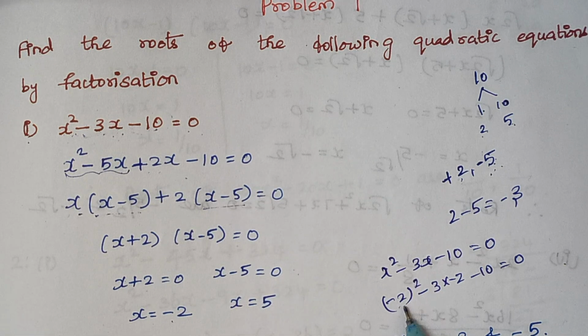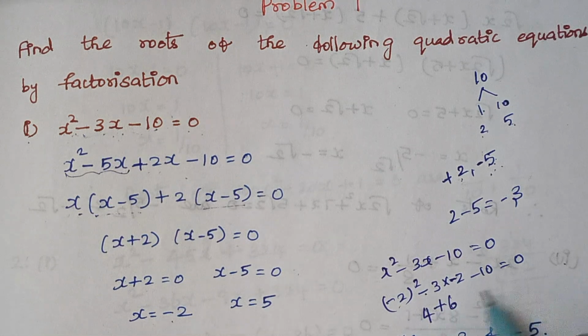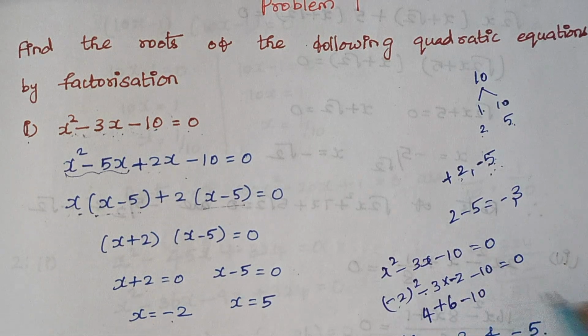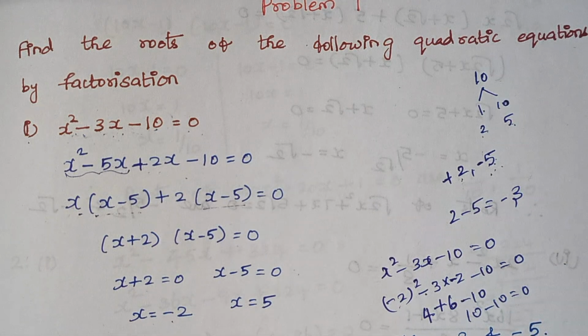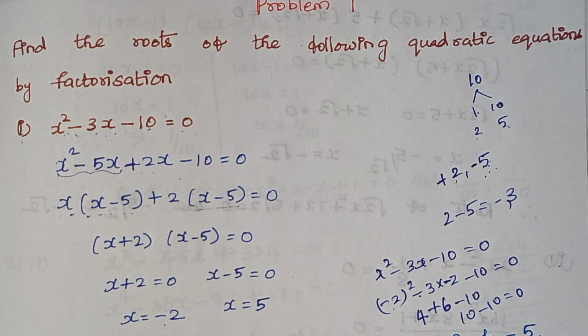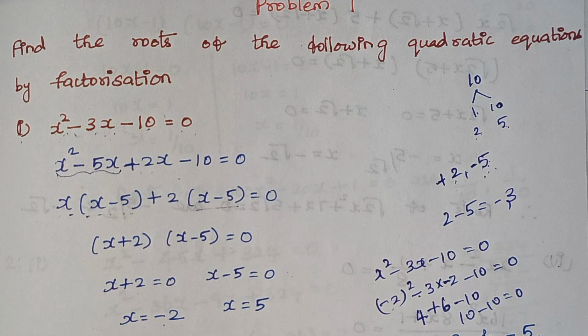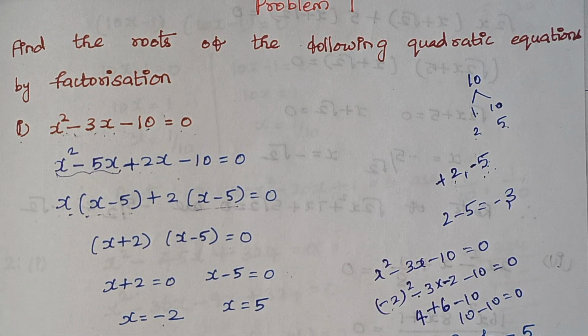So minus 2 whole square becomes 4. And minus 3 into minus 2 becomes plus 6, right? 3 2s are 6 and minus into minus makes plus. And here this minus 10. So 6 plus 4 is 10. So 10 minus 10 is 0. If you want, you can make a check. That's it. Now we will proceed with the second question.